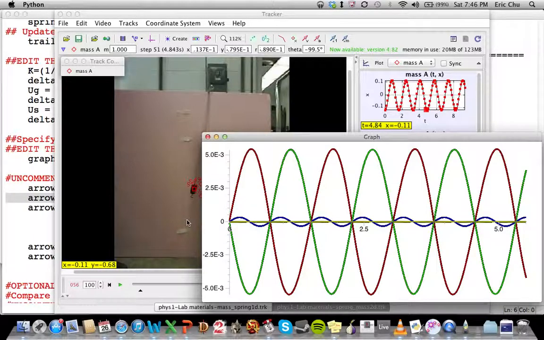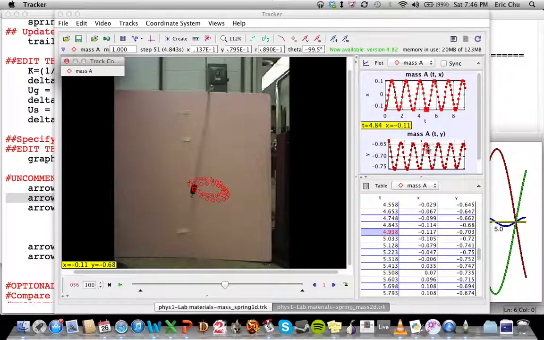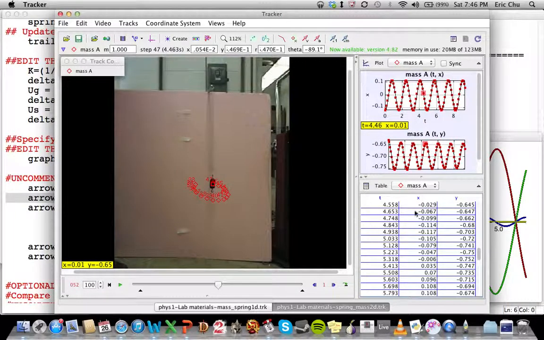We're only interested in the spring motion of the system, not the pendulum motion. So we're going to use the Y value that we found for T.